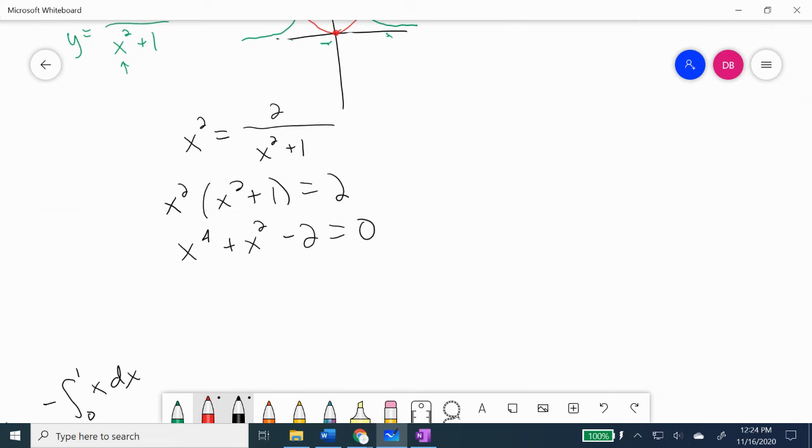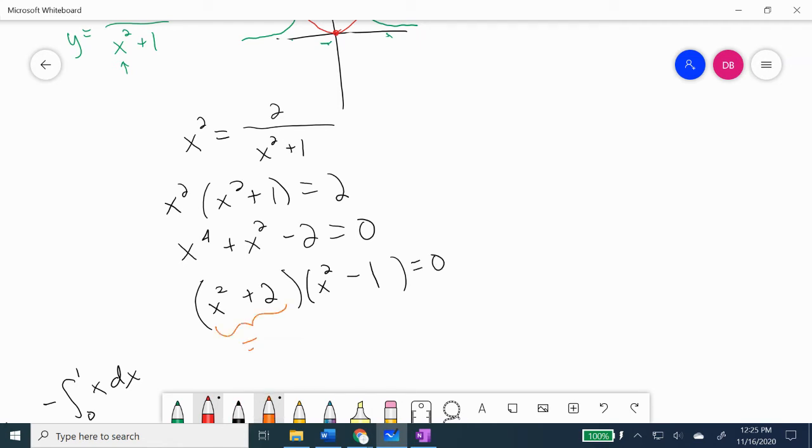Now, this is a quadratic form because your middle term is an x squared, and your leading term is an x squared. Because of the squared, it's a quadratic form, which means it's going to factor with x squareds instead of x's. Two numbers that multiply to make -2 and add to make +1 would be +2 and -1. And that's how they factor.